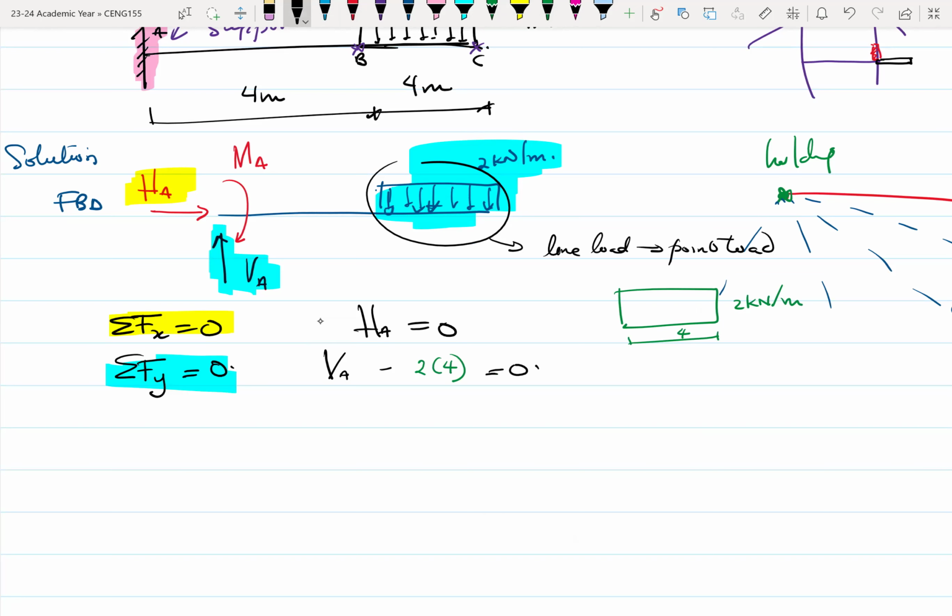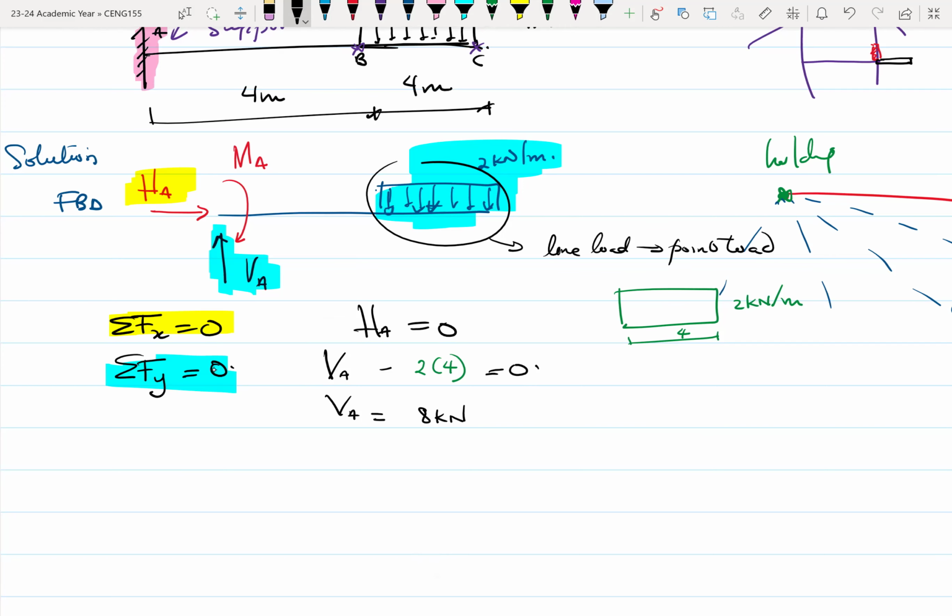So here, one equation, one unknown, we can find the unknown. That's how straightforward it will be in terms of equations and all of that. So here, VA will be equal to 8 kilonewtons.